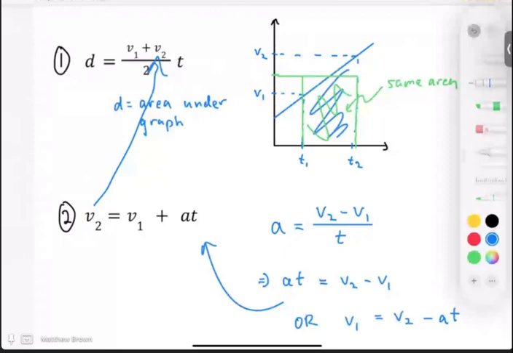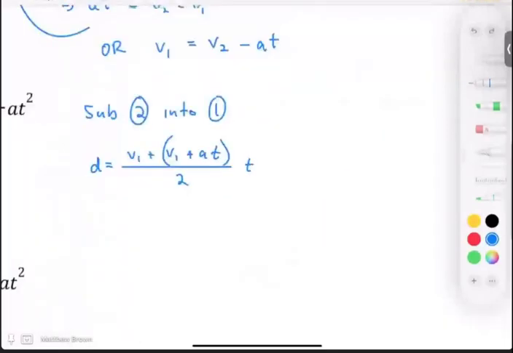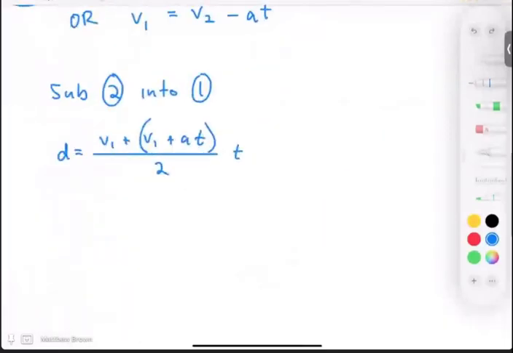Then if you work that out a little bit, d equals, well, you can see how I've got v1 plus v1 in there, so that becomes 2v1 plus at. You could leave that over 2 if you want.